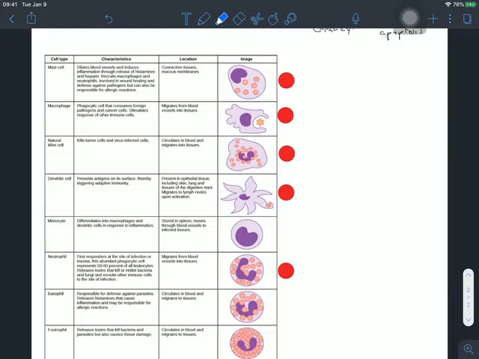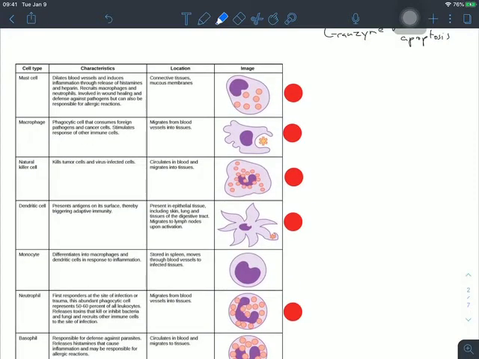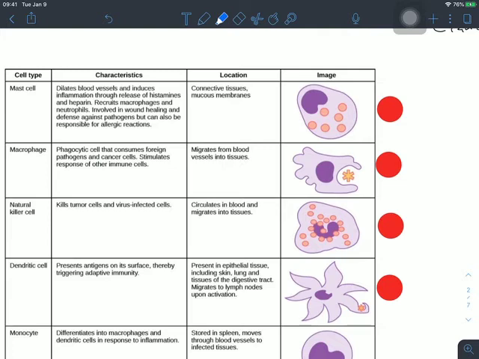As we've talked about already, we have our mast cells and a cartoon image of what they look like. These are the ones that are going to recruit macrophages and neutrophils and cause inflammation by releasing histamines, so involved in allergic responses.